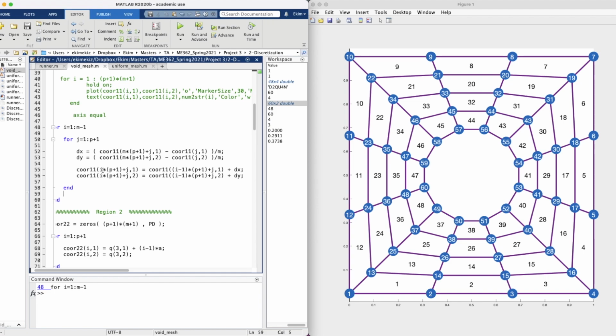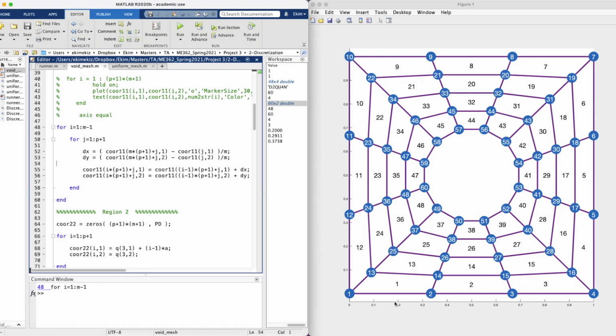So core i times p plus 1 times j is, well, it's this thing, but now we don't have m, we have i, right? So we are looking at i at the end of the ith row. So if i is 1, plus j, we're looking at whatever j is. So if j is 1, we are looking at this node. If it's 2, we are looking at this node, and so on.